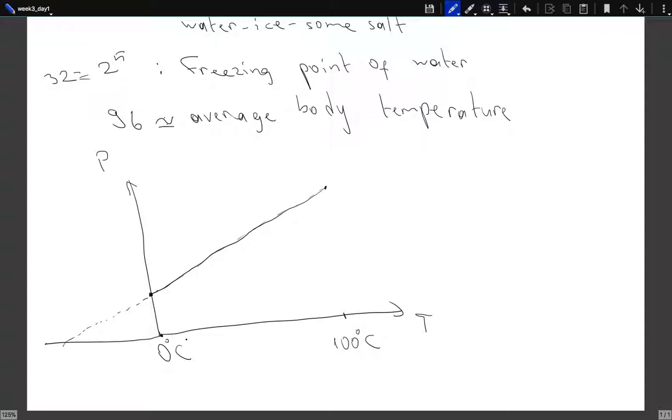And then you extend it, and you see that at some hypothetical temperature it crosses 0. The pressure becomes 0. By definition, pressure cannot be less than 0. So hypothetically, at least with this thermometer, that's the lowest temperature you can actually measure, even ideally. So that's what you call absolute 0. Something like minus 273 degrees Celsius.